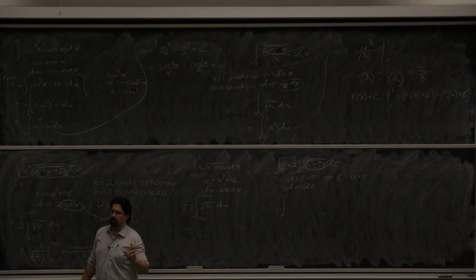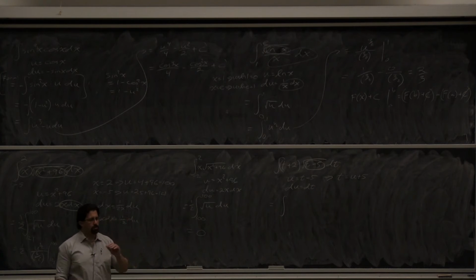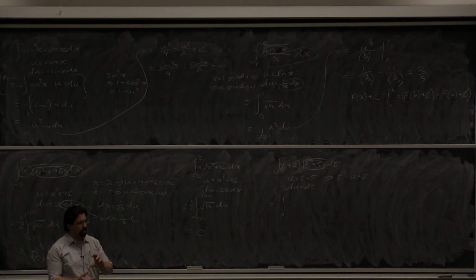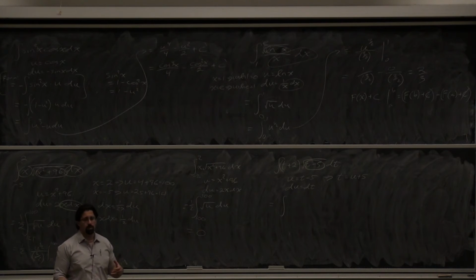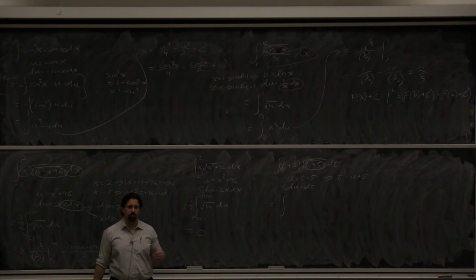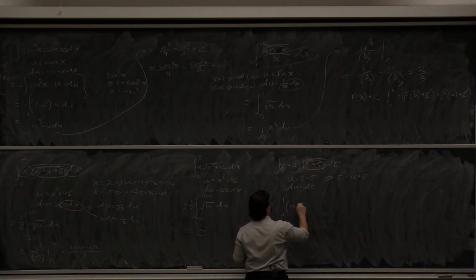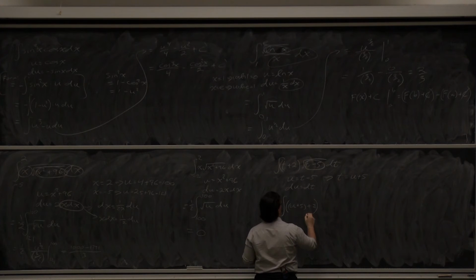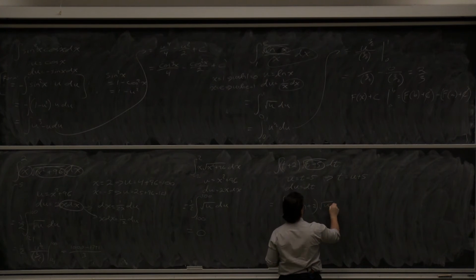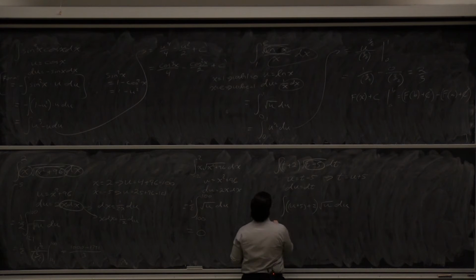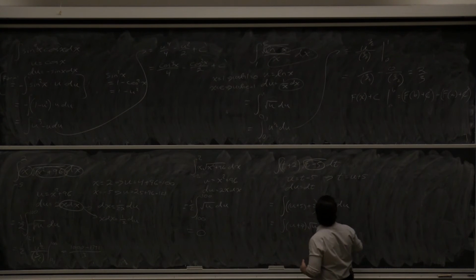Okay, it's a compromise between having that middle step where I've got all of the workings written out and being able to do the whole thing in one shot. So t is equal to u plus 5. Now I can just write this directly as u plus 5 plus 2 times the square root of u du. This is now the integral of u plus 7 times the square root of u du.